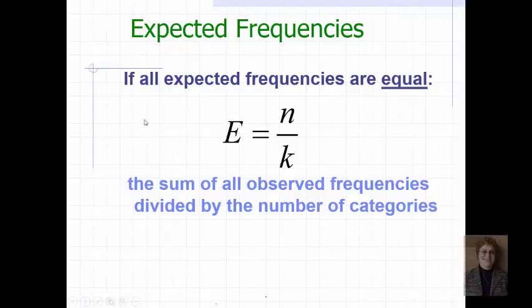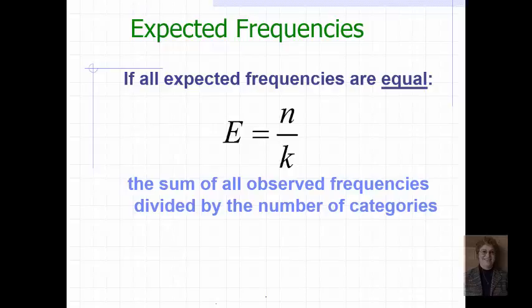Now sometimes all your expected frequencies are equal. Then you add up the observed frequencies and divide by the number of categories. So for example, in your textbook, if you are looking at expected frequencies for the births of girls among 100 births, you would know there are 2 categories.